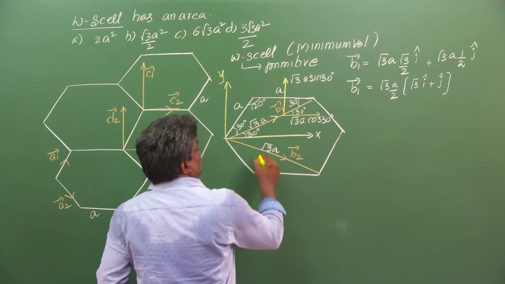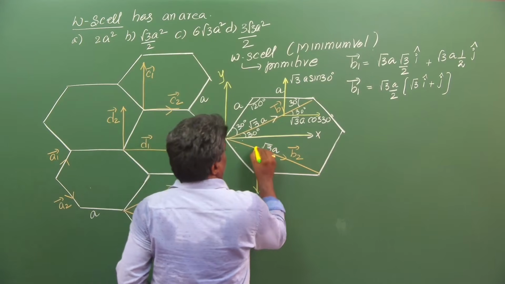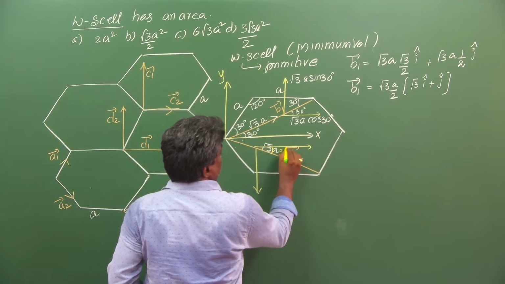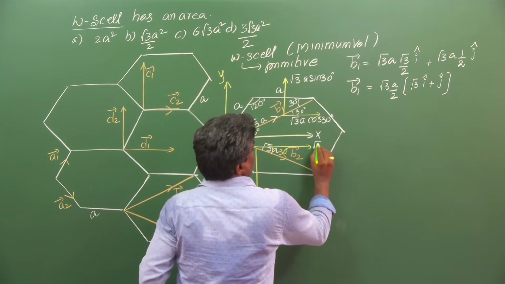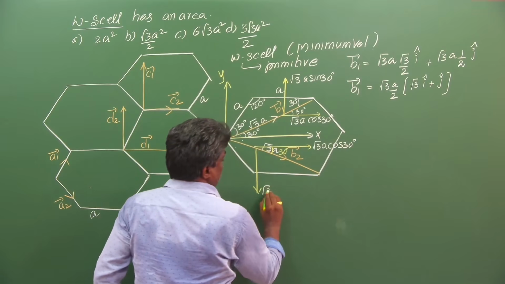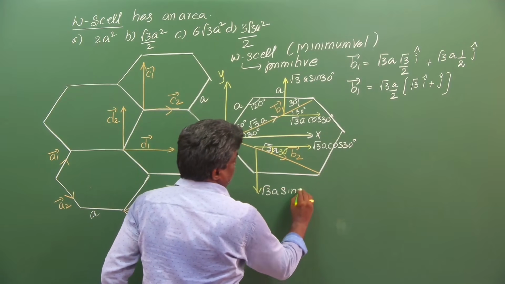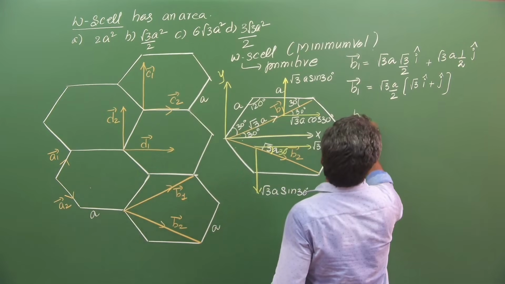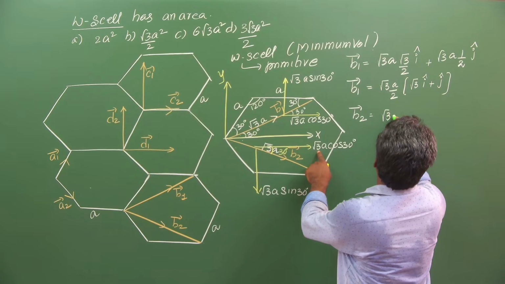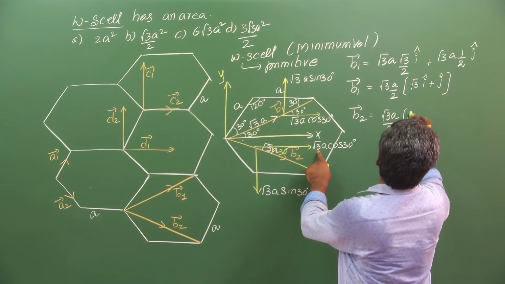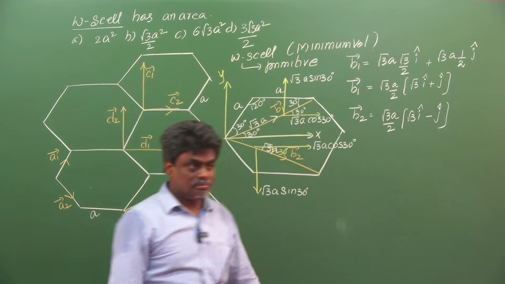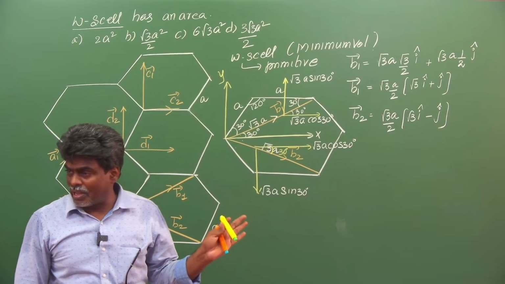It is going down and right. This angle I already told you is 30, that's why this is root 3A cos 30 degrees and this is root 3A sin 30 degrees. So B2 bar is root 3A by 2 times root 3 i cap minus j cap. Any trouble? Is it okay?